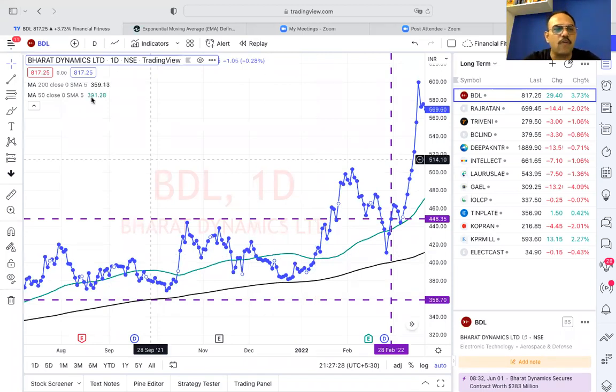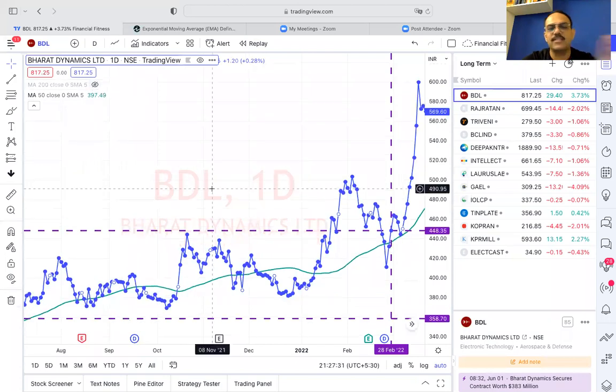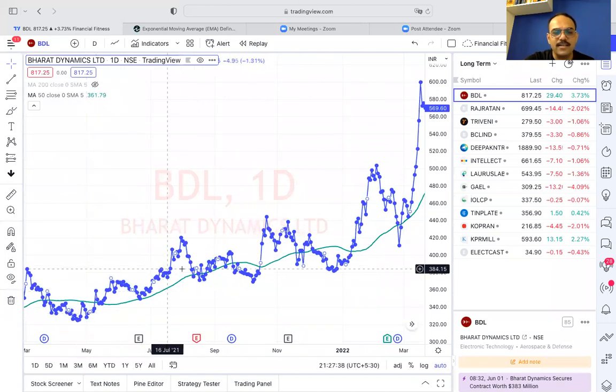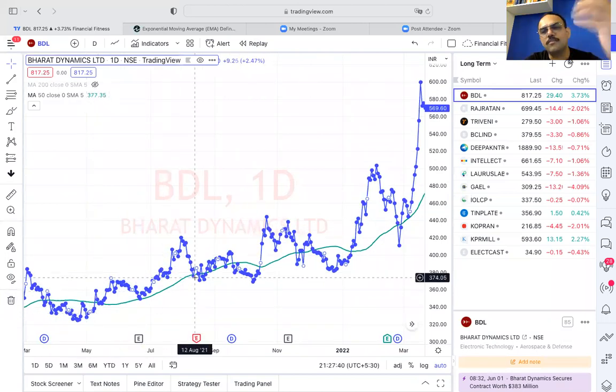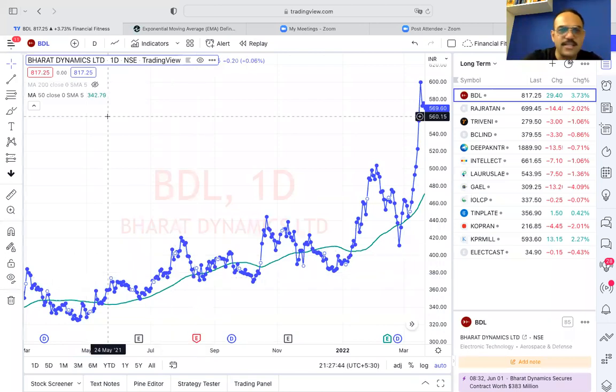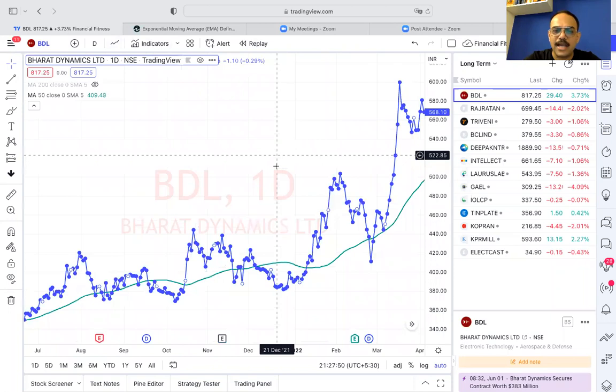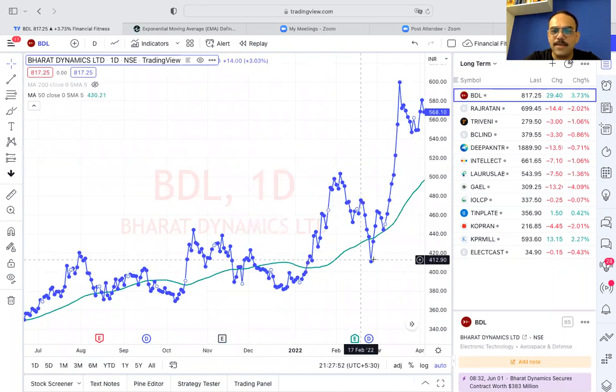So how to trade the 50-day moving average? The principle is the same. Buy when it goes above the 50-day moving average, sell when it closes below the 50-day moving average. Trading the 50-day moving average is the same across all levels. So you capture quite big uptrends.